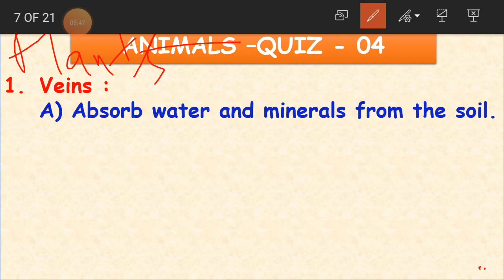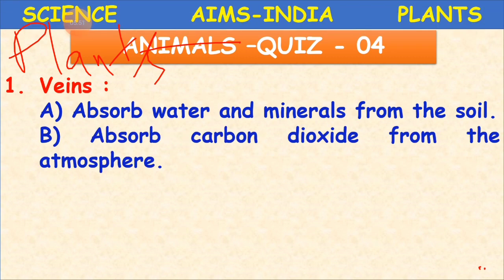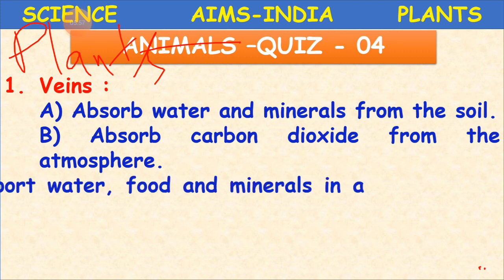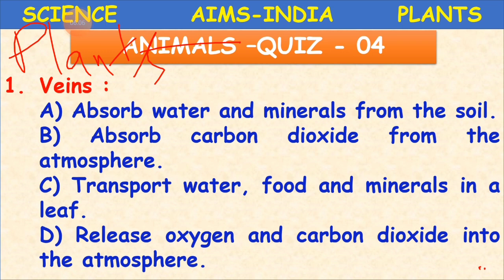What are veins? A, absorb water and minerals from the soil. B, absorb carbon dioxide from the atmosphere. C, transport water, food and minerals in a leaf. D, release oxygen and carbon dioxide into the atmosphere.